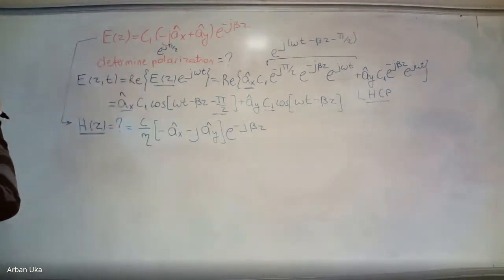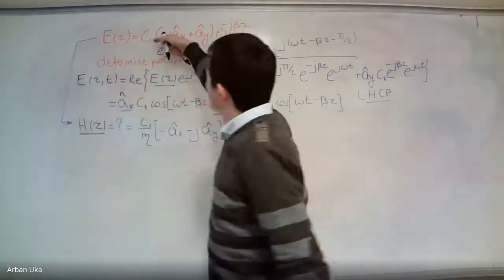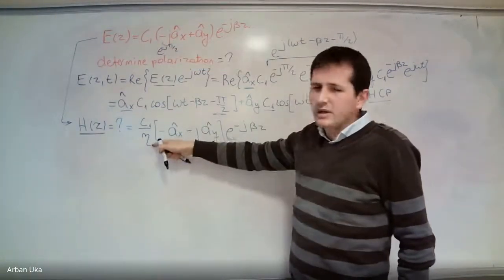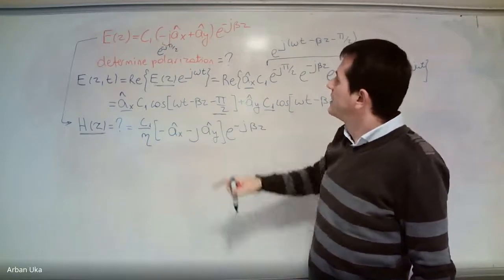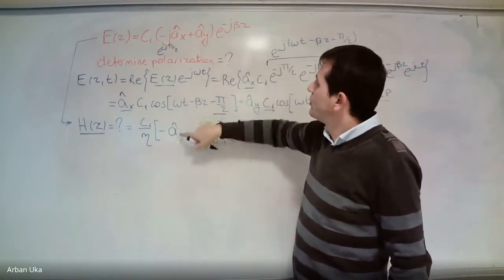Okay, this is C1. So whatever the amplitude of the electric field is, we define by the intrinsic impedance, and then we try to observe the corresponding components.